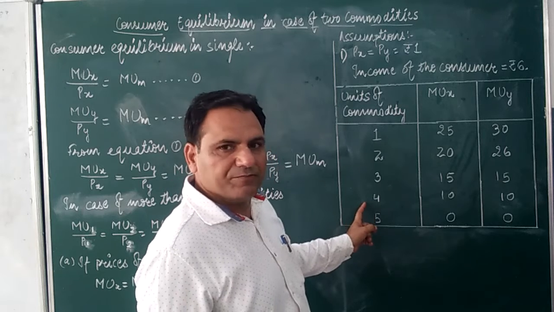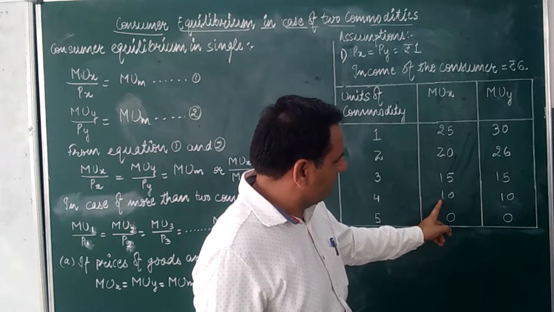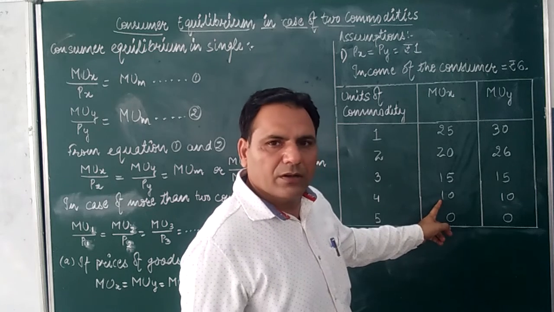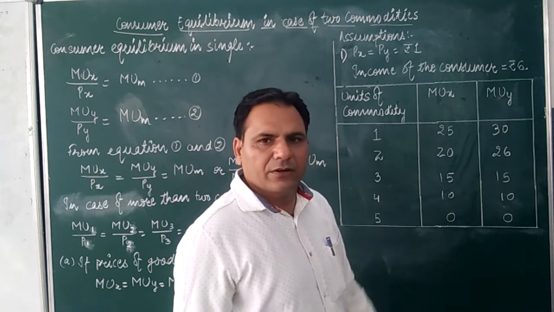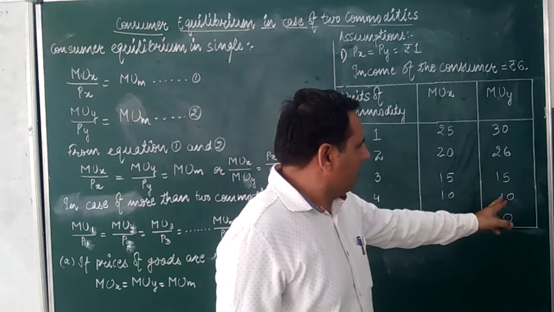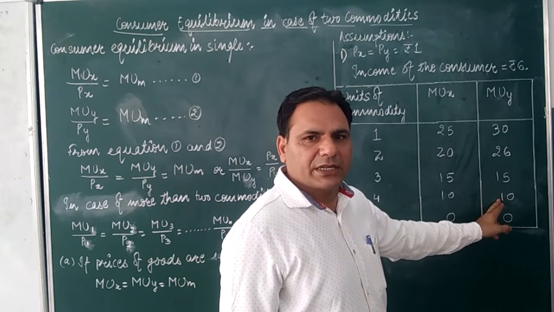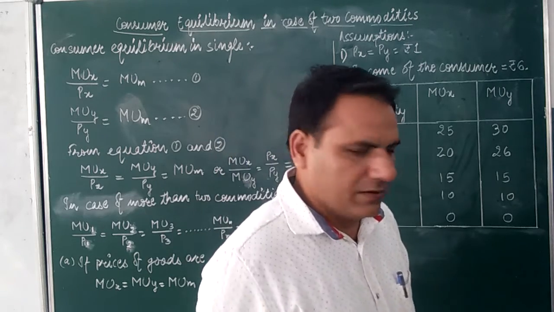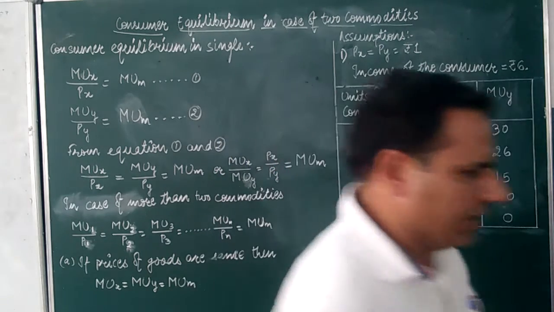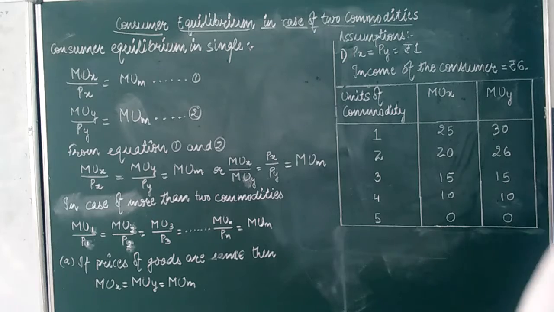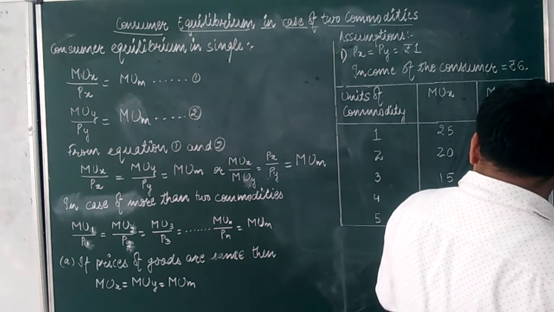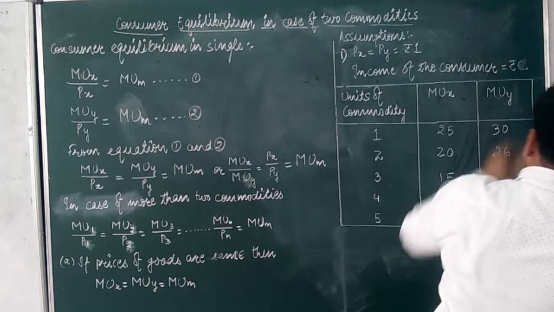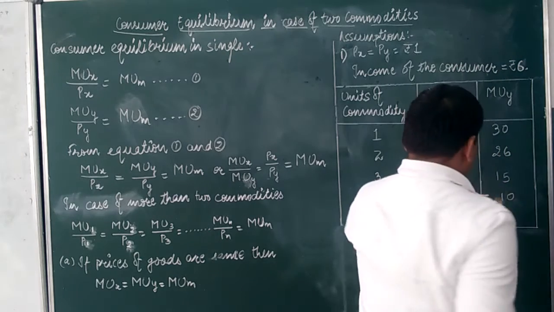Again from fourth, consumer is getting 10 units, and here too consumer is getting 10 units.